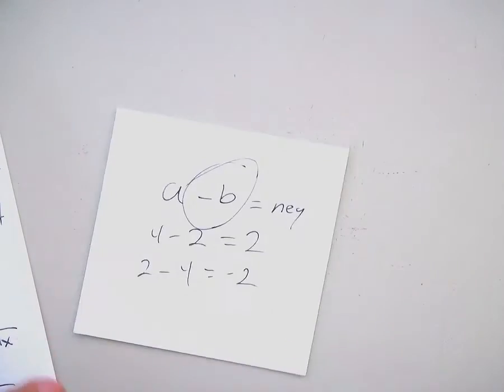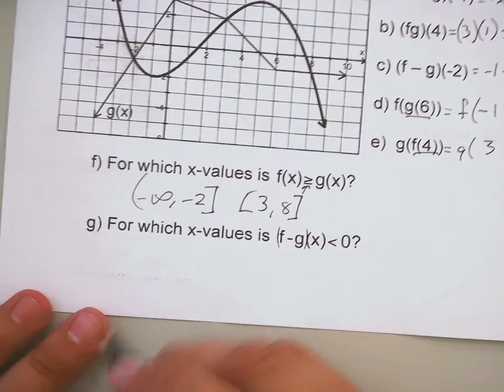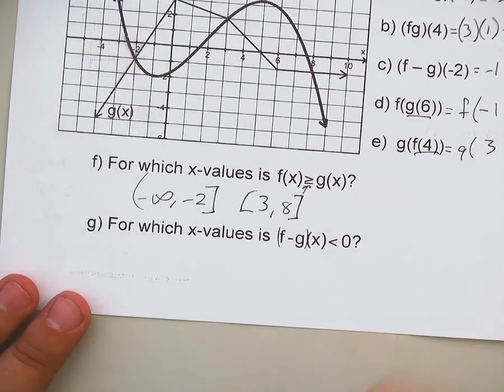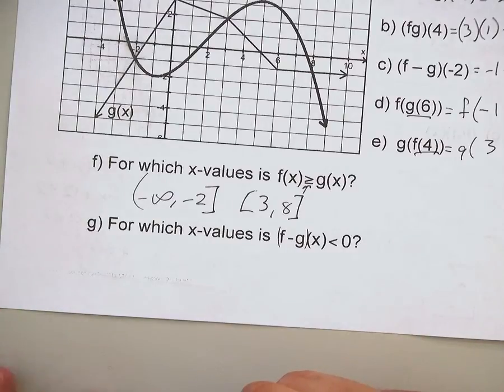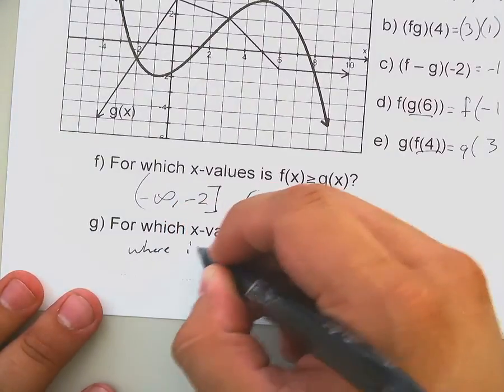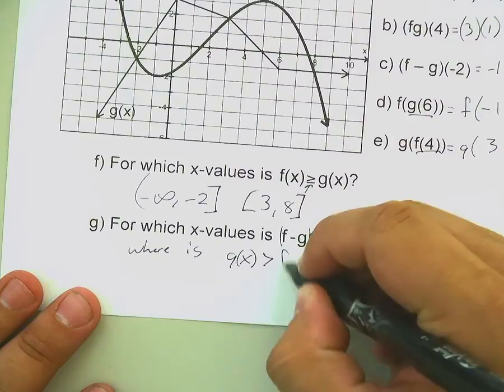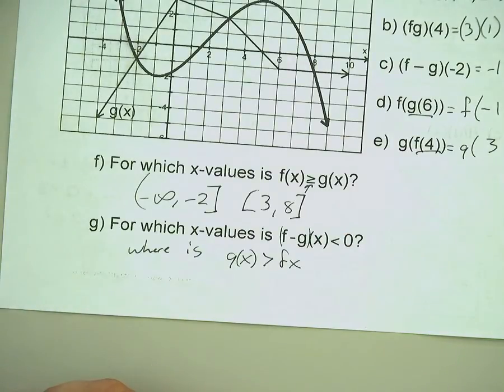The second number. So if they're asking you where f minus g is less than 0, this is wanting to know where g of x is bigger than f of x. Here's another way to think about it.